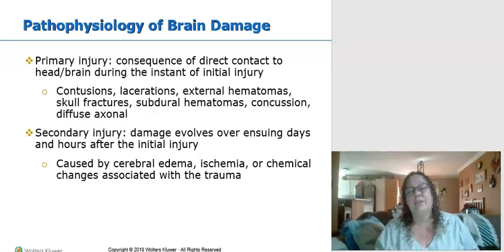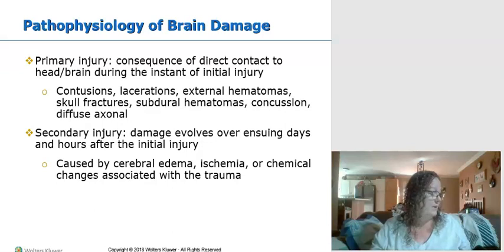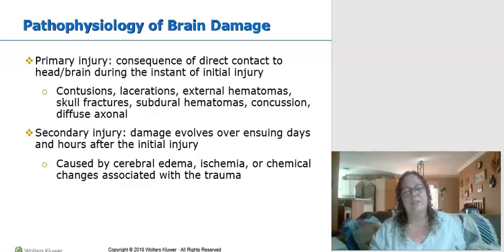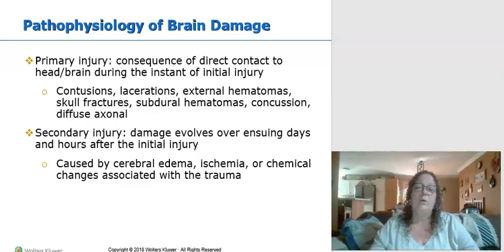Secondary injury develops over the ensuing days and hours after the initial injury. This is caused by edema, ischemia, and chemical changes in the brain associated with trauma, so your acidosis and things like that. And most of our interventions, or a lot of our interventions, will be aimed at eliminating or minimizing this secondary injury.